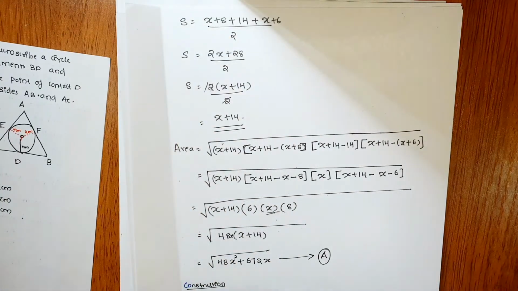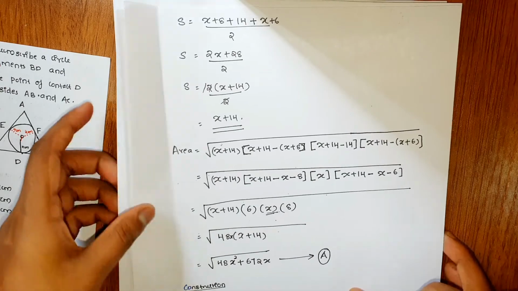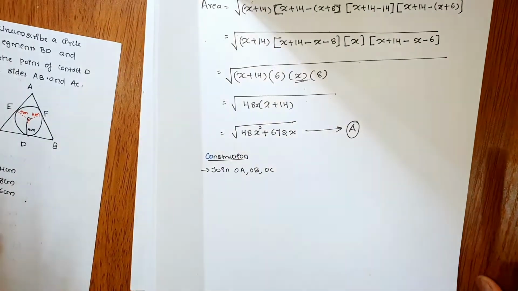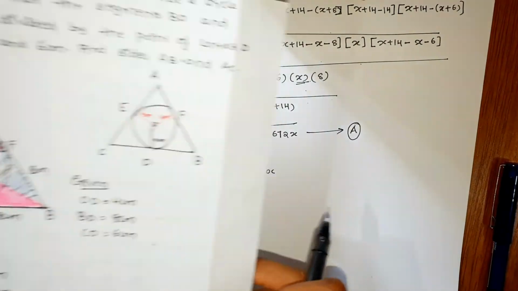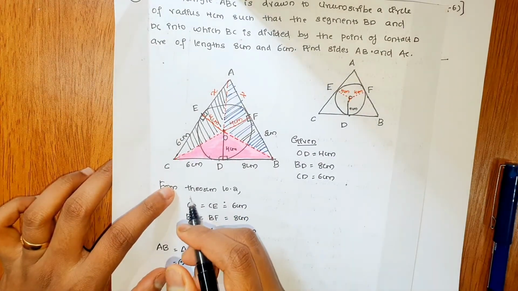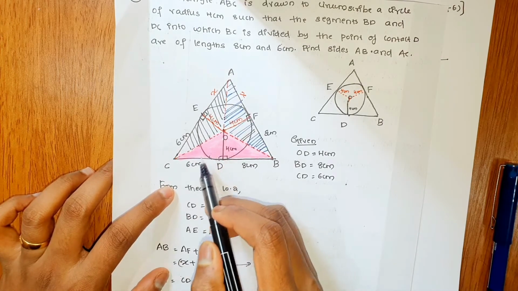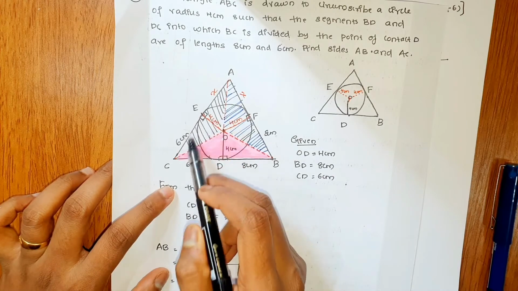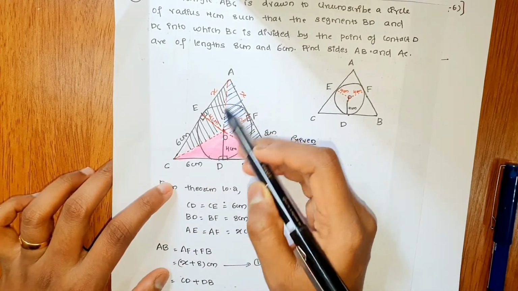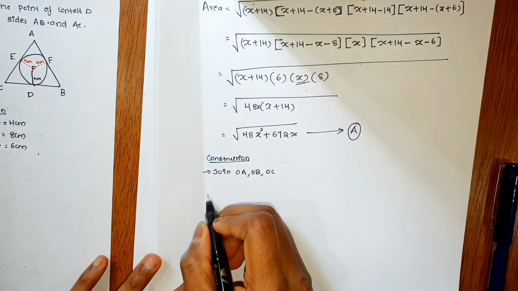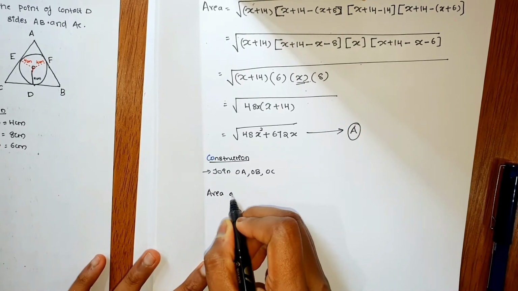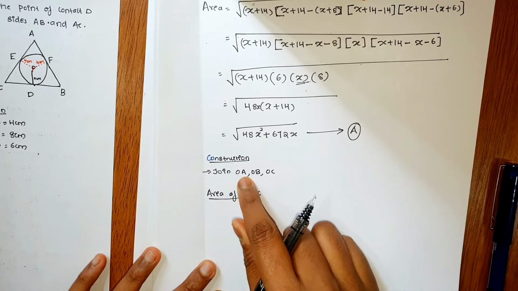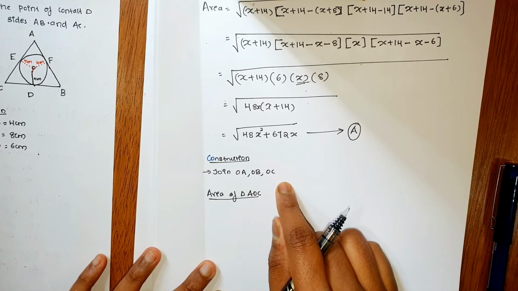Next, we can find the area of each triangle. First, we can find the area of triangle AOC. Before that, we have joined OA, OB and OC, right?